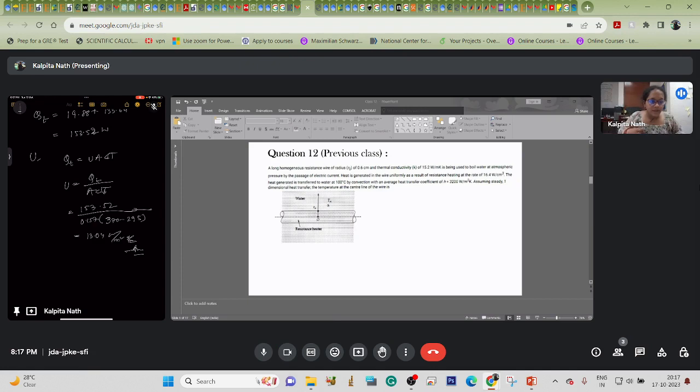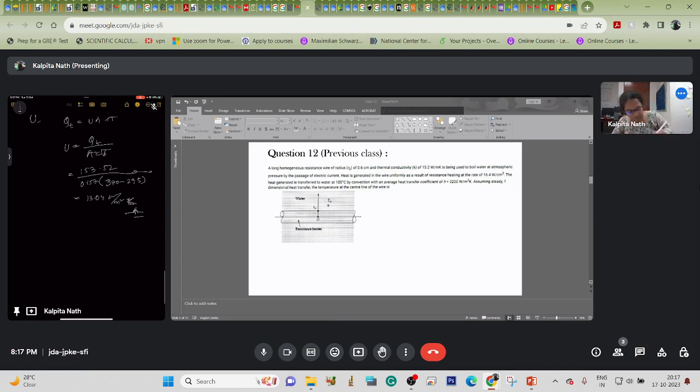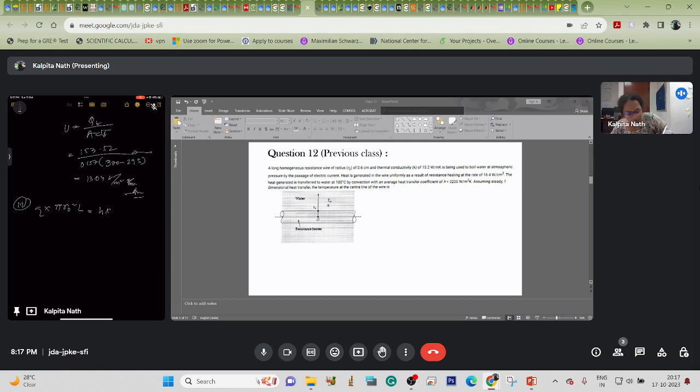So let's proceed with the solution of this question. First of all, the heat generated from the electric wire will be converted by convection.